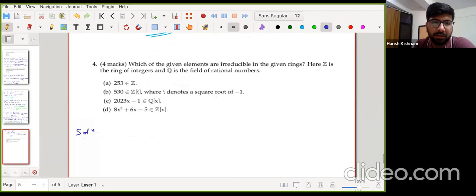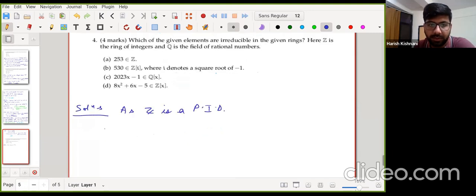Good. So as Z is a PID, in Z irreducible and prime elements are the same.